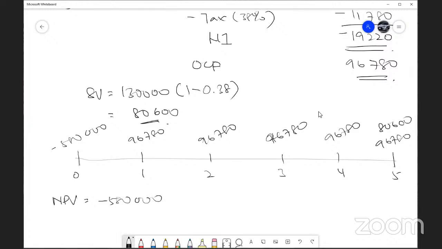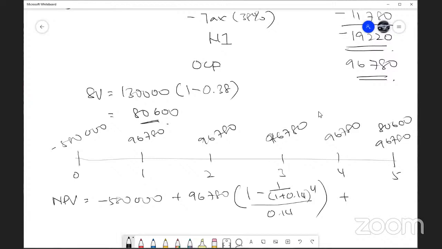If you don't want to count this one by one, so this will be plus 96,780 times 1 minus 1 plus the R, which is 14%, power of 4, divided by 0.14.